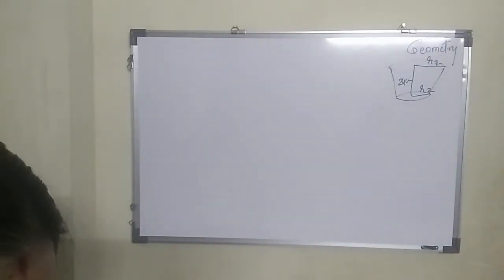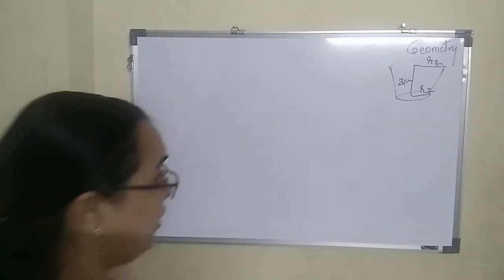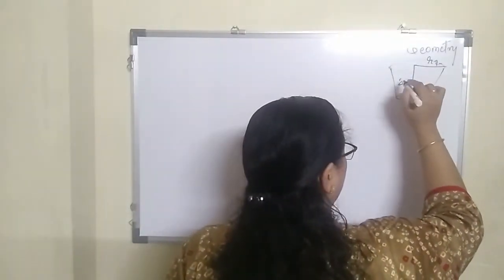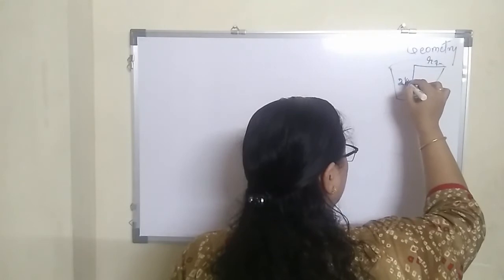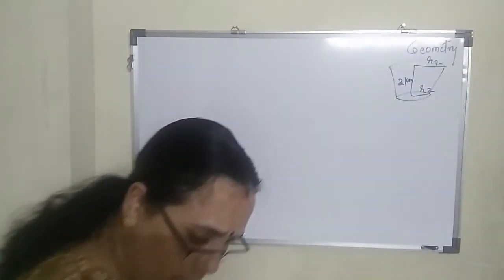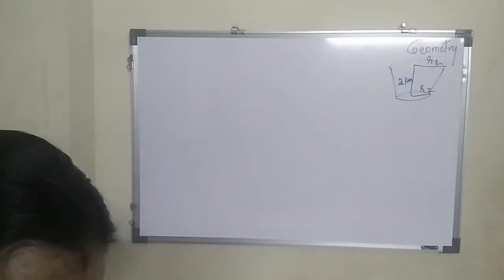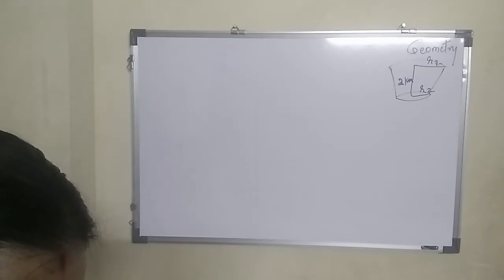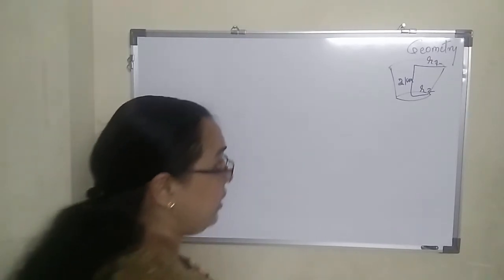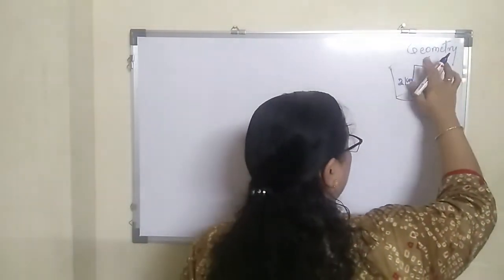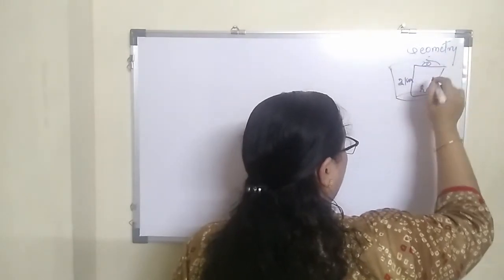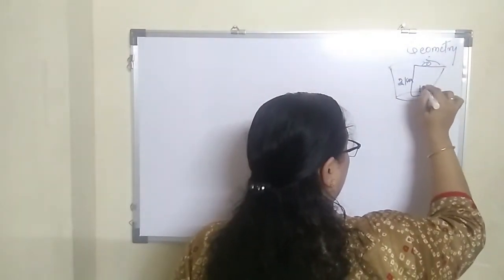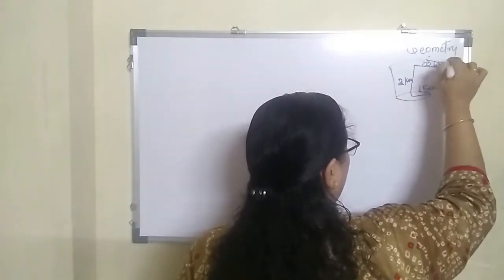Washing tub is in the form of the frustum, has height 21 centimeter. Okay. Further, what is given? The radii of the circular top is 20 and 15. So this is 20 and this is 15 centimeter.